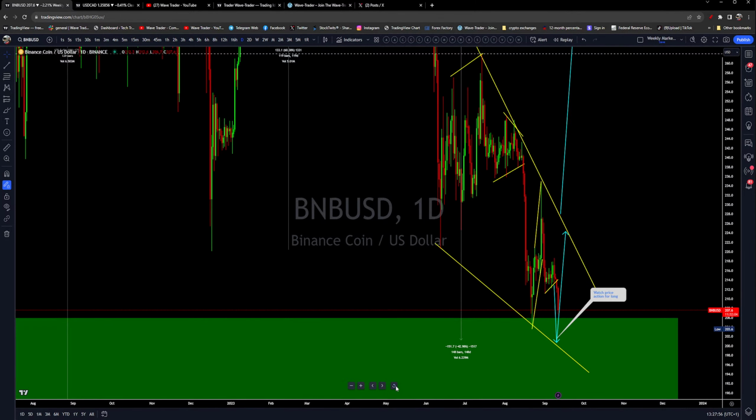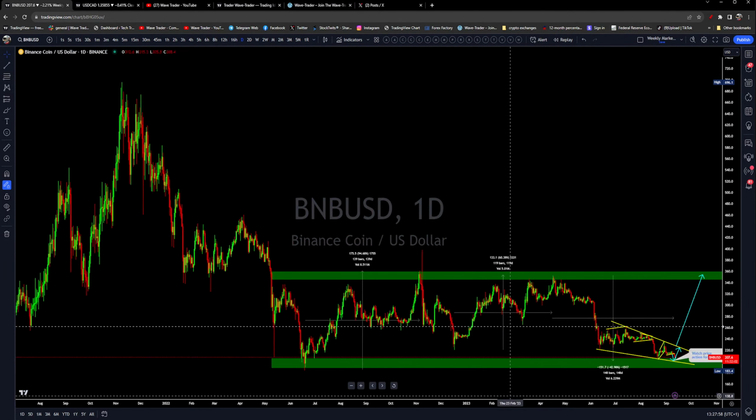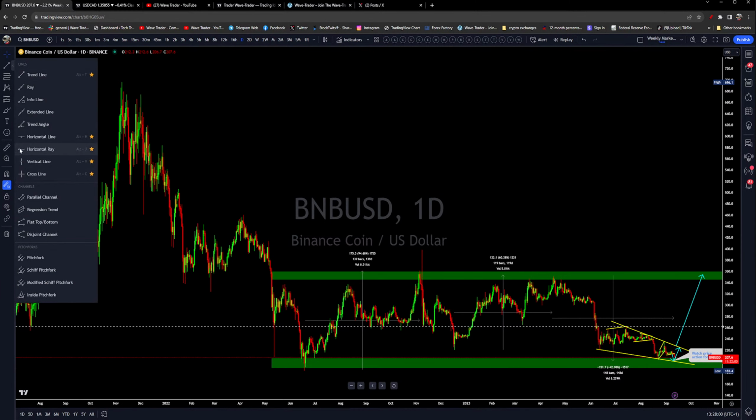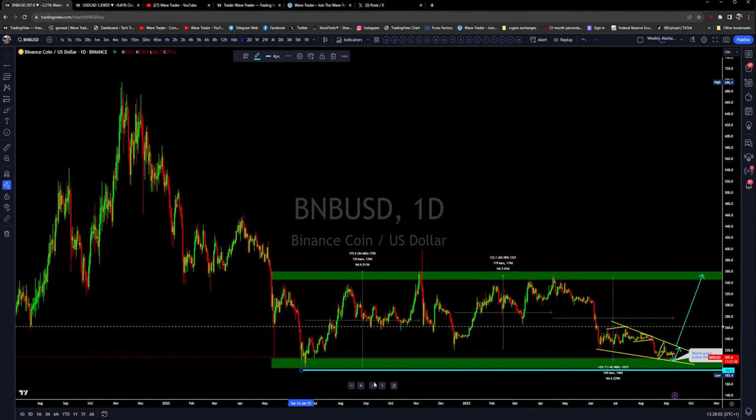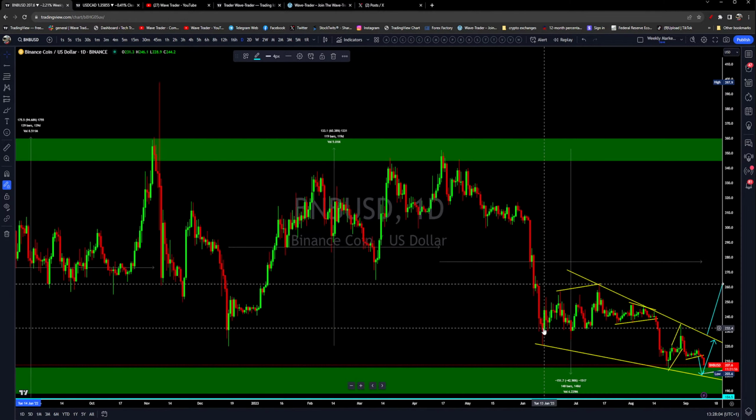So on BNB, you're paying attention to this low and for BNB to hold. Right, so Binance is struggling to push BNB for upside.